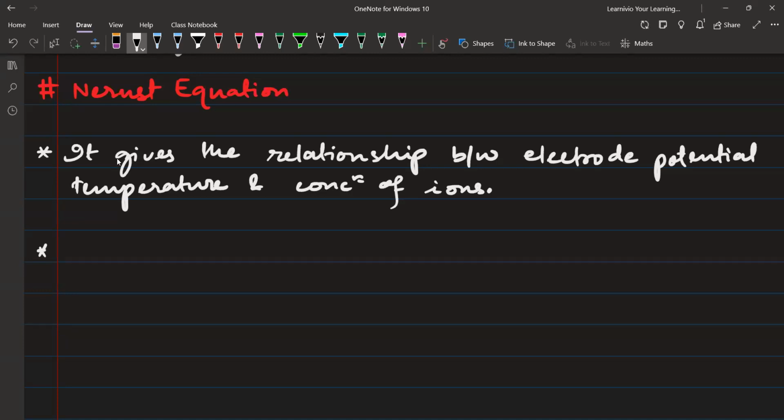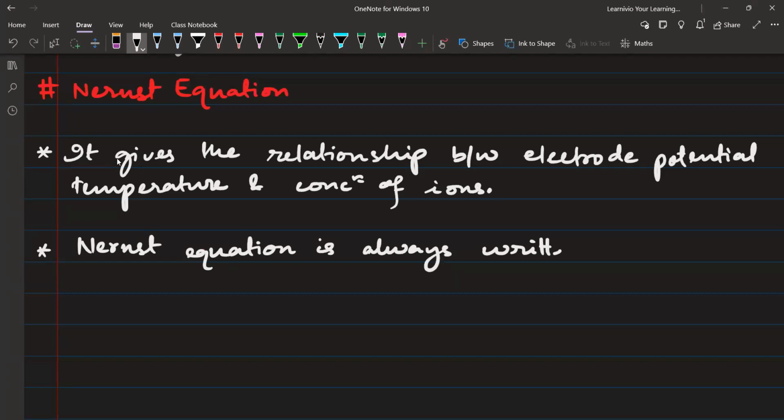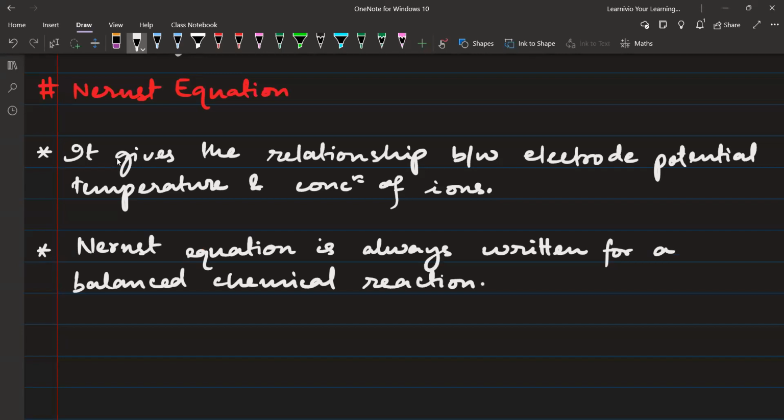An important thing about the Nernst equation, very important, you may forget but many students forget, is that the Nernst equation is always written for a balanced chemical reaction. Just give me a second.